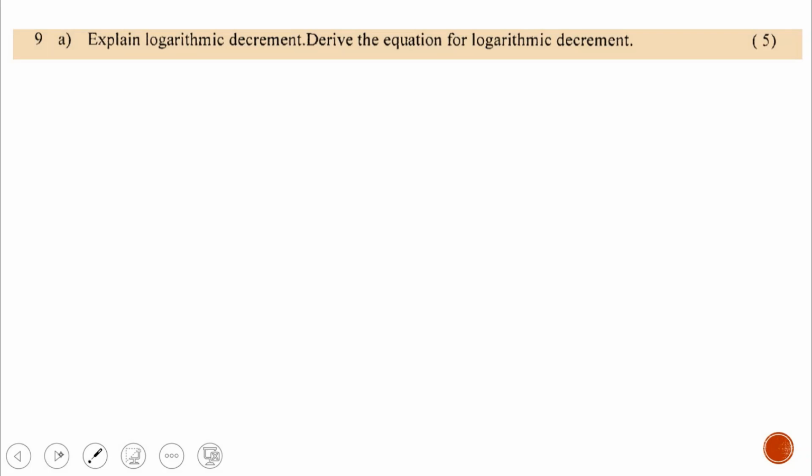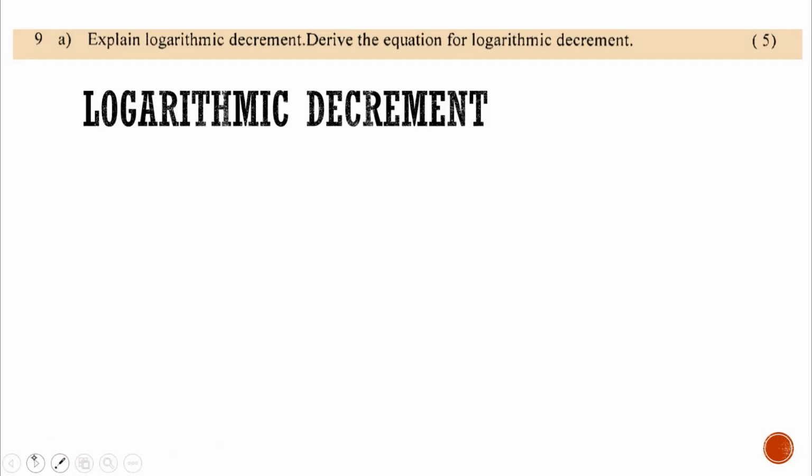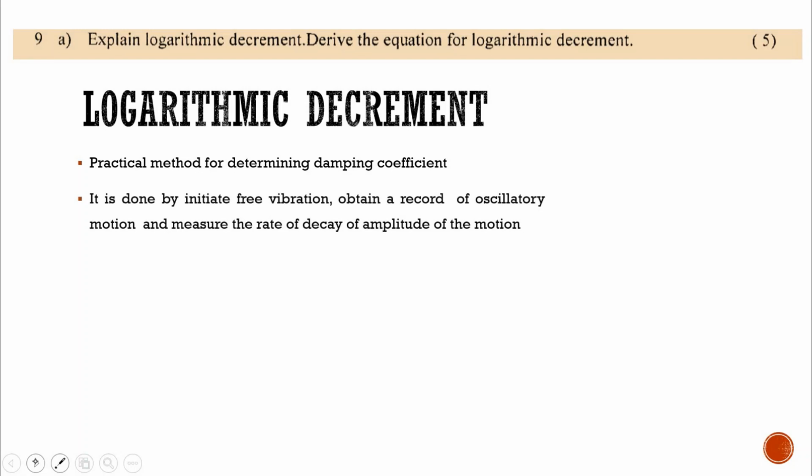Explain the logarithmic decrement. Derive the equation for logarithmic decrement. So, logarithmic decrement is a practical method for finding out the damping coefficient, and it is usually done by initiating a free vibration in a system and obtaining the record of the oscillatory motion.